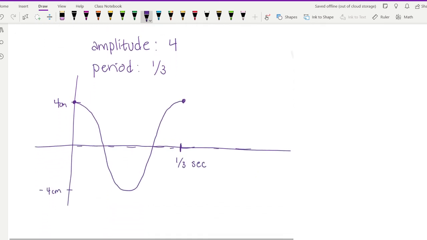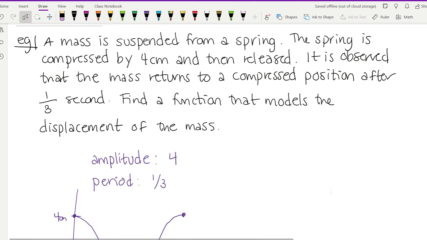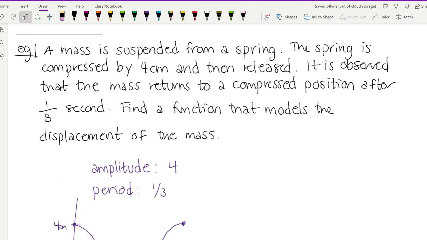Okay, the other thing we can figure out based on this rough sketch that I made is whether it makes more sense to use a sine or a cosine graph. This looks more like a cosine graph, right? Why did it end up looking like a cosine graph? Well, it's because the problem told us that it started by being compressed. The clock is starting at the time when the spring is compressed.